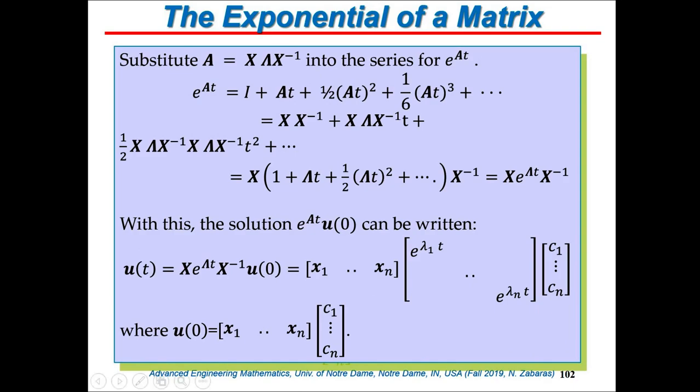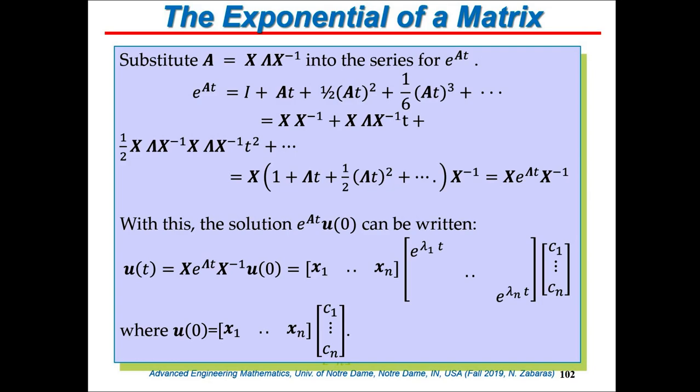So if this is e to the At, the solution to my differential equation will be e to the At, which is this, times u0, all right? And actually X inverse u0 are the coefficients c1 to cn that we had seen earlier coming from the superposition of the solutions.